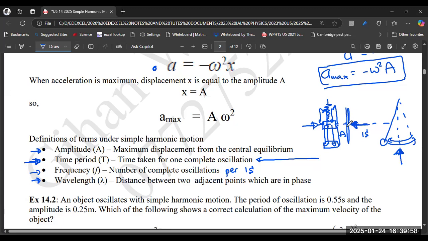So now I'm telling 0, 1, 2, 3, 4, 5, 6, 7, 8, 9, 10. As we complete 10 oscillations, we stop the stopwatch. Measure the time taken for 10 oscillations.